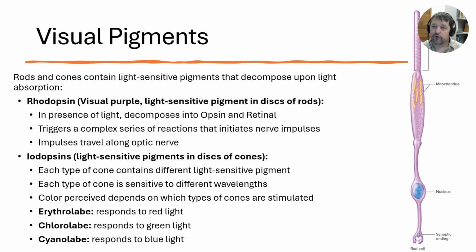Remember, I said we are trichromatic, so we have three: erythrolabe, chlorolabe, cyanolabe. And this is why we often say we have primary colors, and we can distinguish certain things. And actually, when we look at the visible light range that we can see, it runs from about 400 nanometers. That's blue light wavelengths, where cyanolabe is going to pick up.